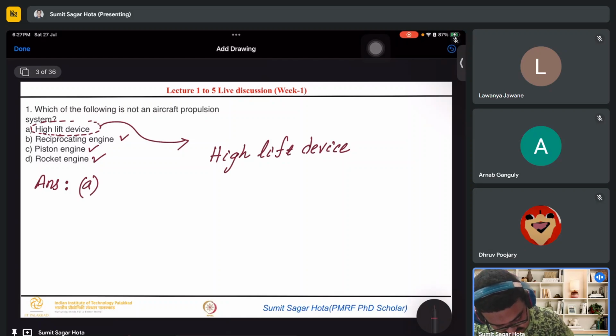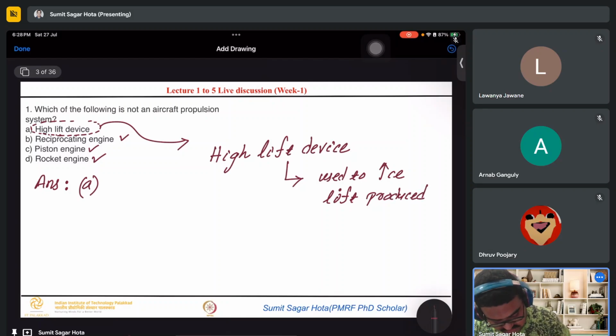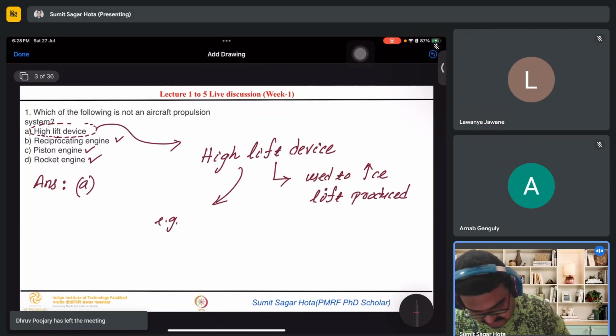A high lift device, as the name suggests, is used to increase the lift being produced. What is an example of these high lift devices? Very good examples are flaps.